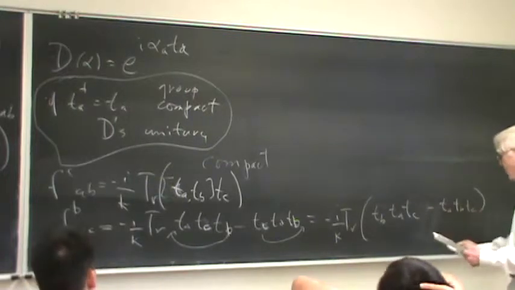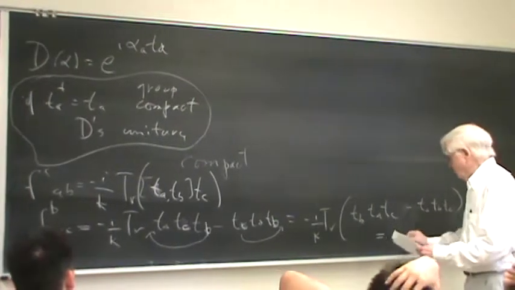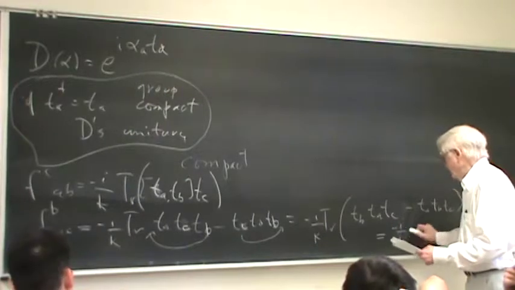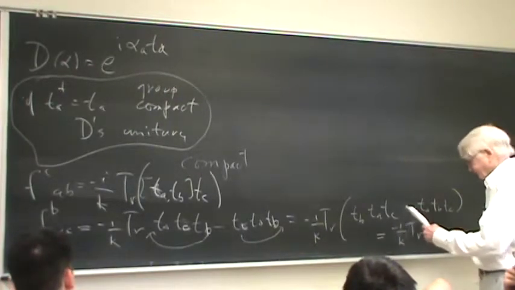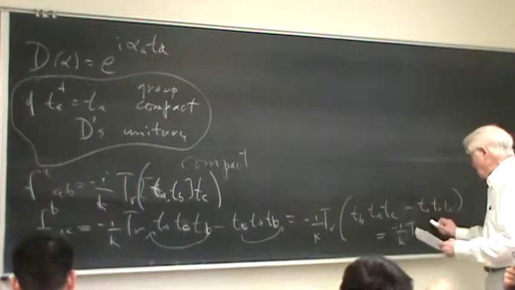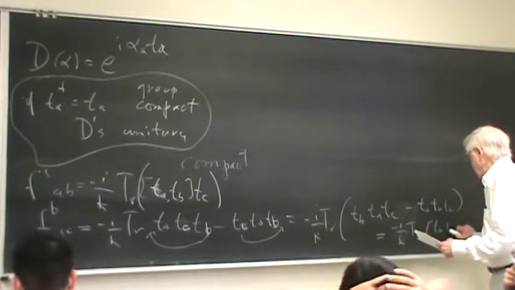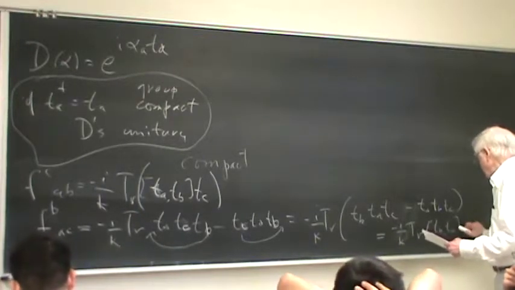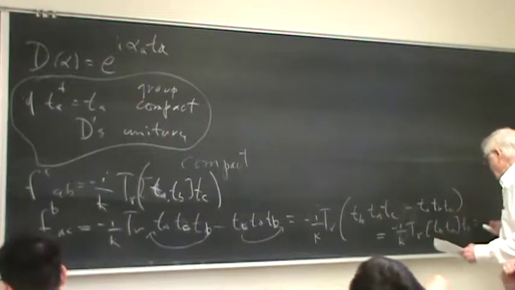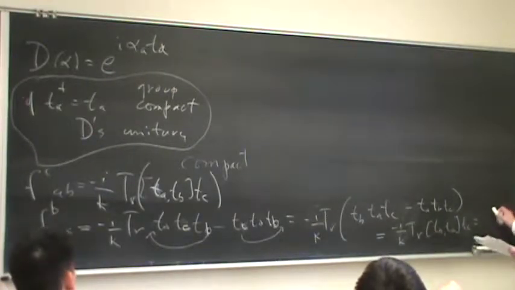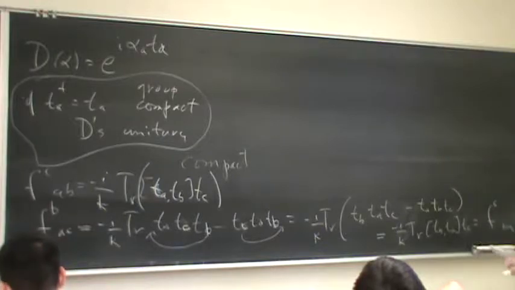And now this one is actually minus i over k trace of T^B, T^A, T^C. And so this is F^{CBA}.